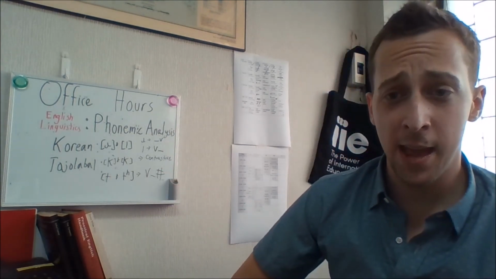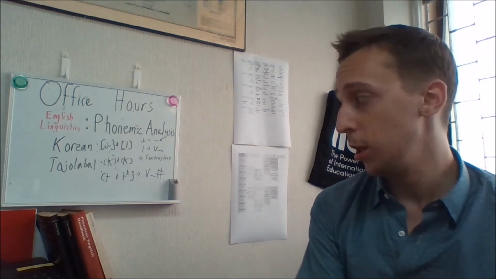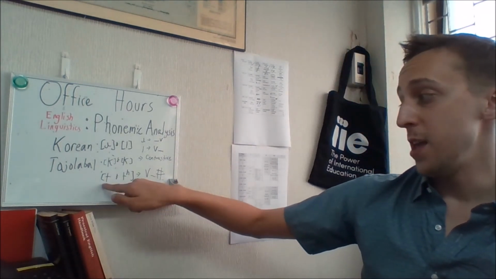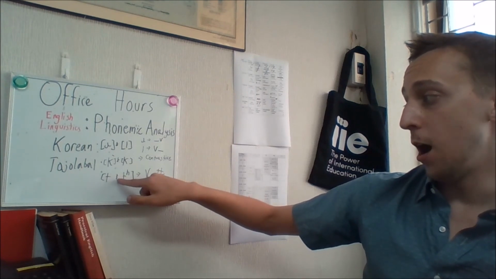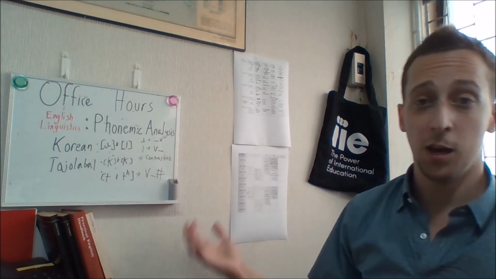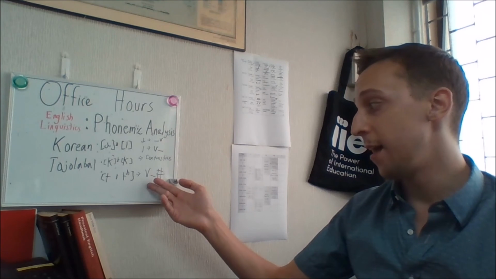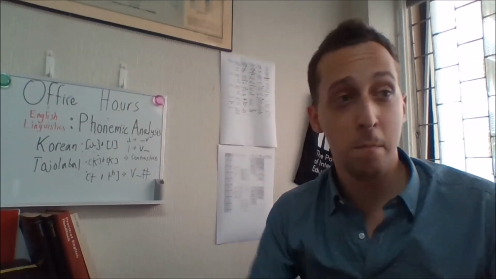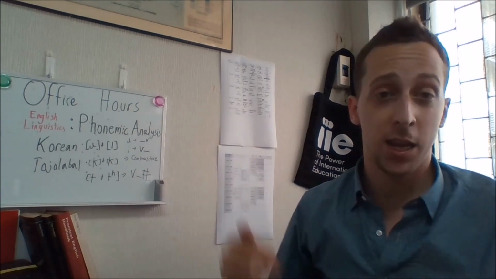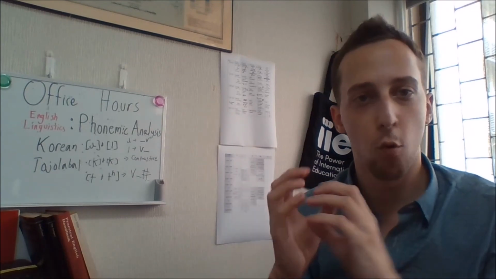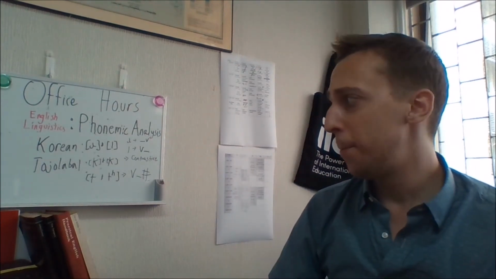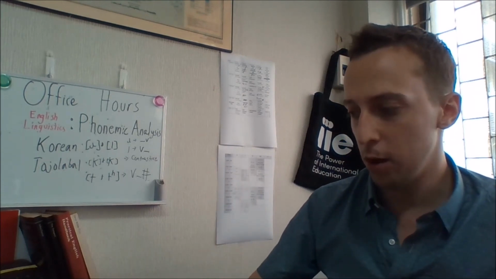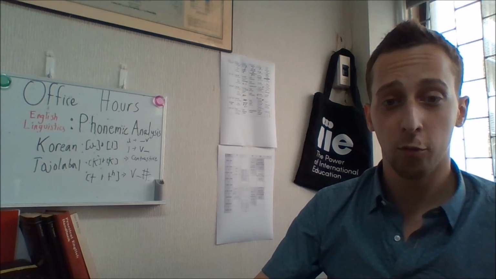Here now, at the end, we looked at one more Tojolabal problem, and we found that the unaspirated t becomes aspirated in the environment of between a vowel and the end of a word. It would be possible that as we look at more data in each of these languages, we can find more precise rules. But these are some good rules that we can find out about Tojolabal and Korean.